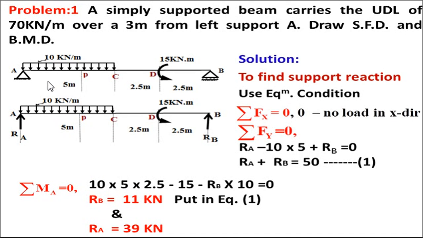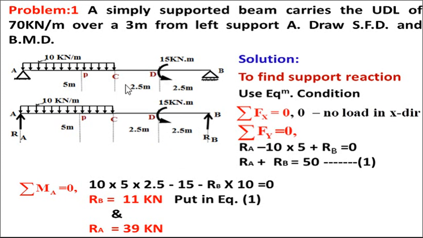Okay, so this is clockwise, and now this moment we can see it is anti-clockwise. Okay, and that's why it is minus 15. It is a moment, so don't multiply again with the distance 5 plus 2.5. Moment means already it is multiplied with distance, so only add according to the sense. If it is anti-clockwise, minus.